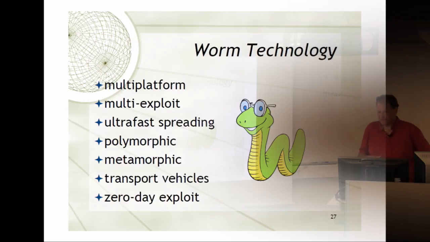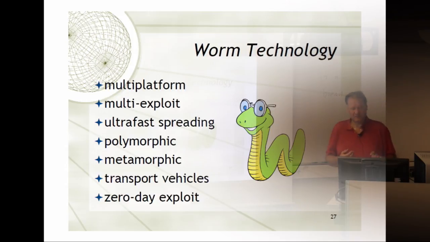But we still have them, and they are using different techniques, as we see. They are more or less multi-platform, because they are targeting services, and those services typically have bugs in libraries, different network libraries for SSL or whatever. And those are often multi-platform. You use them on different platforms. So they can be multi-platform.